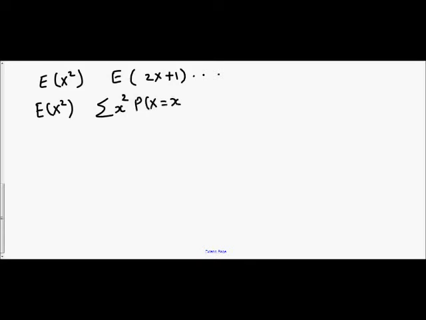When you are dealing with a discrete random variable, you can find the expected value of X squared, or something like 2X + 1, etc. How do you do this? The expected value of X squared, in the discrete case, would be the sum of x^2 P(X = x), for i equal to 1 to n.